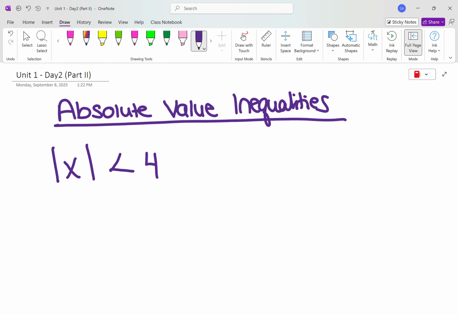So when I'm trying to find the solution set here, it can't just be numbers that are less than 4. So we know it's definitely going to be numbers that are less than 4, but also what? We need the other side of the restriction. Greater than -4? You got it. And I'm going to put the word and greater than -4.